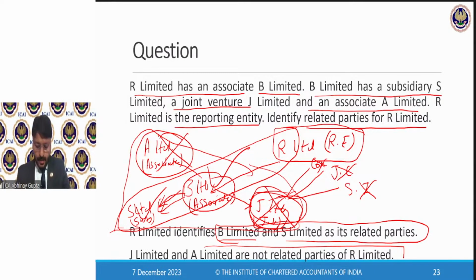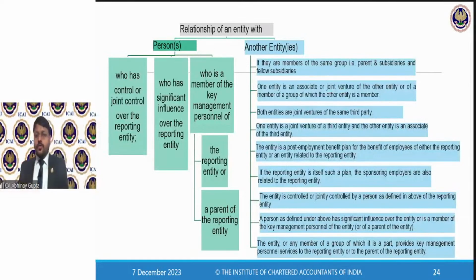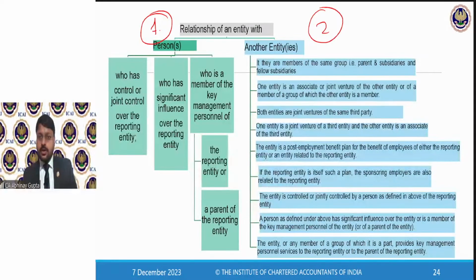Clear? So whatever we have discussed, all the clauses, this is the summary slide for your quick revision. This is case one, where we talked about the person, and this is case two, where we talked about the entities. A person who has control, joint control, significant influence, or who is a KMP, these are the three things we are talking about.